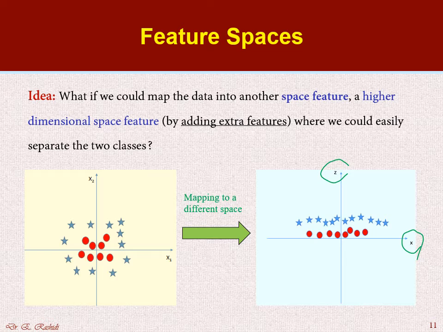Although, as you see here, we can easily fit a line or find a hyperplane that can separate these two classes from each other. A simple but brilliant idea that easily helps our problem by adding extra features to the problem.